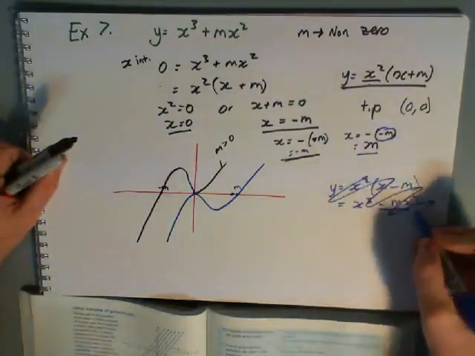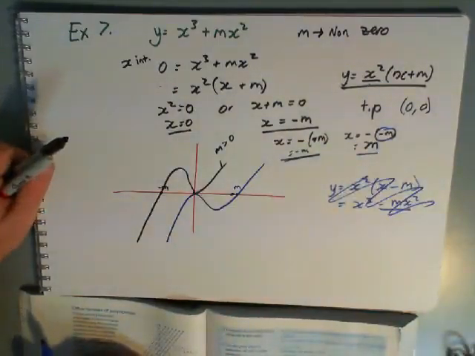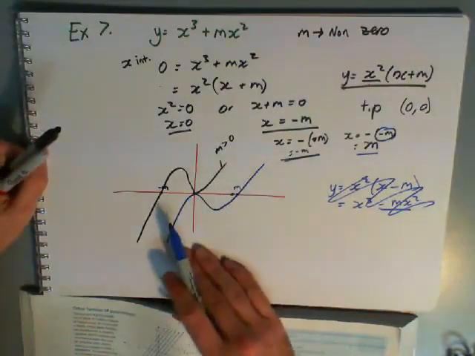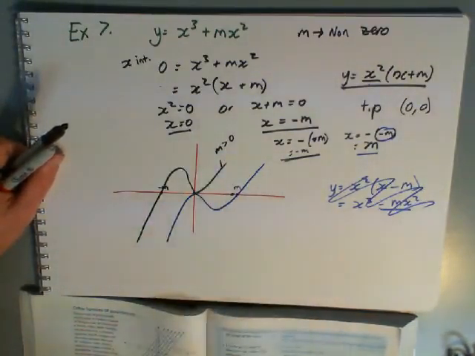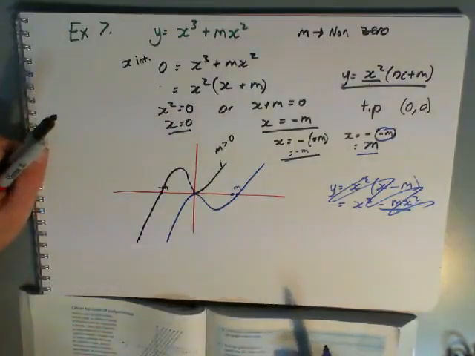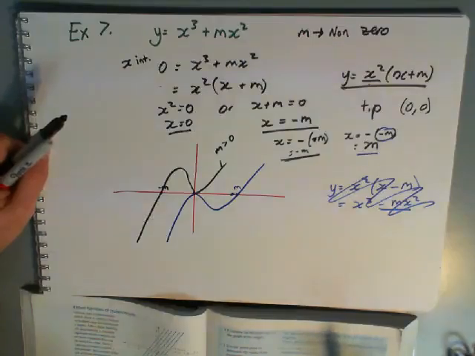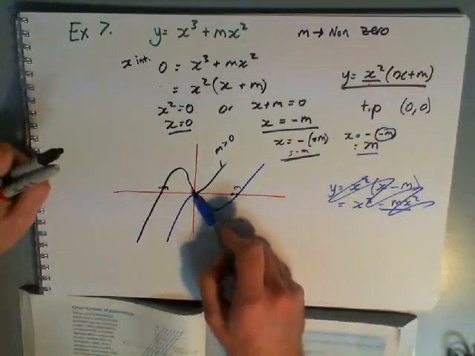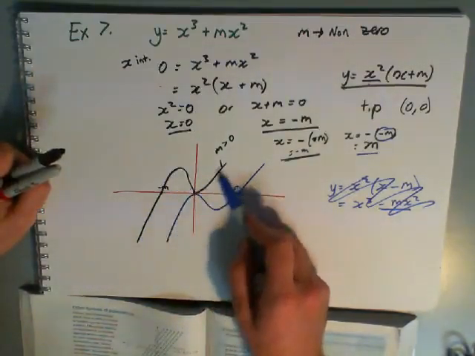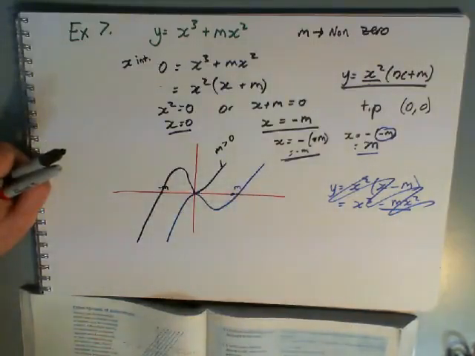Actually no, scratch that, don't worry about that, it's the same situation. So that's the two graphs. The behavior of the graph at the origin: we had a minimum for the first one, and for the second one we had a maximum.